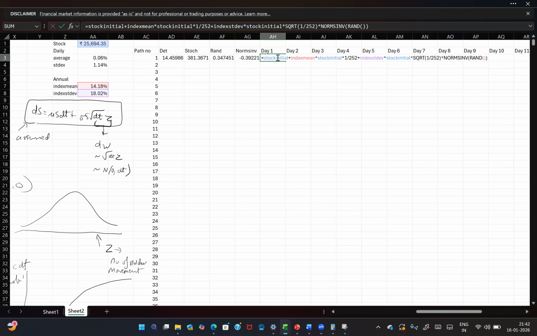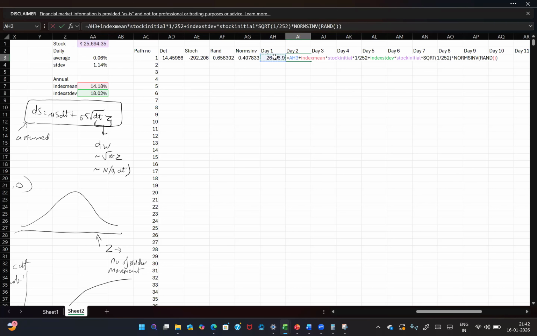And for day two, just one change we need to do because on day two, your reference cannot be stock initial. Your reference will be the price on day one. So I'm copying the formula, but instead of stock initial, I'll take this as a reference point, the day one's price.